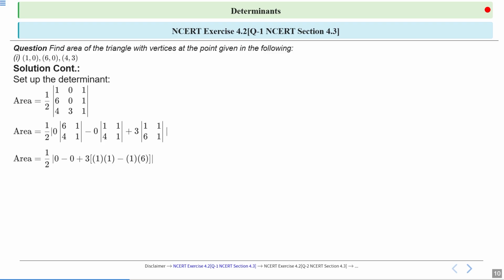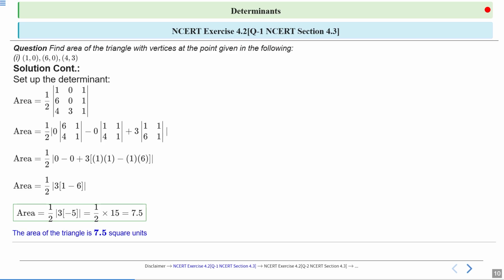So 1 into 1 minus 1 into 6. So the area becomes 1 by 2 mod 3 into 1 minus 6. That is 1 by 2, 3 into minus 5, that is 1 by 2 into 15. So we get 7.5, that is the area of the triangle. So by using both methods, we get the same area.